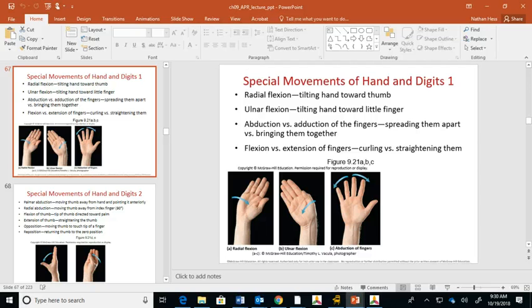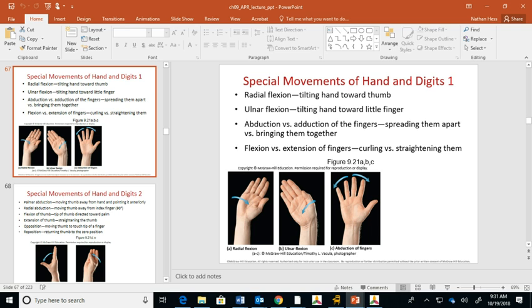If I take my thumb toward my radius, that would be radial flexion or radial deviation. Notice you've got way more ulnar deviation than radial deviation. It's because of the bones in your wrist, how they're set up, that allows more of the ulnar motion and less of the radial.